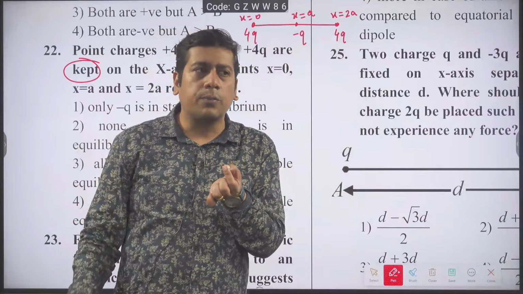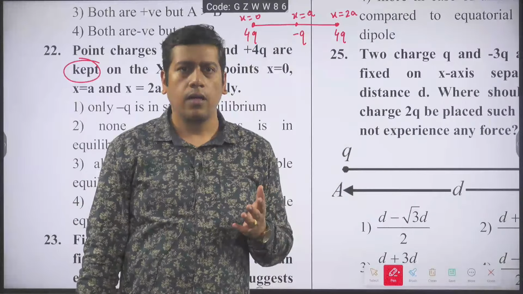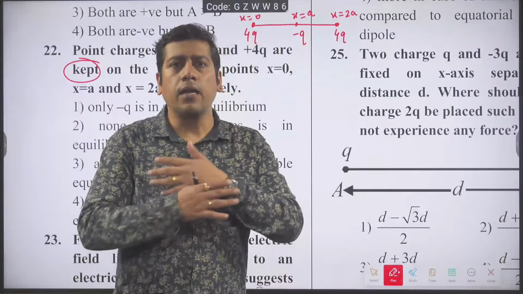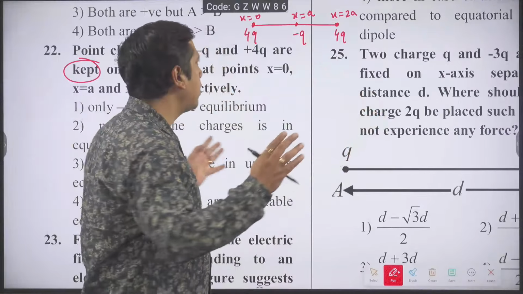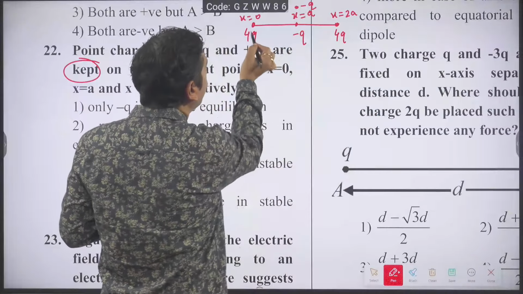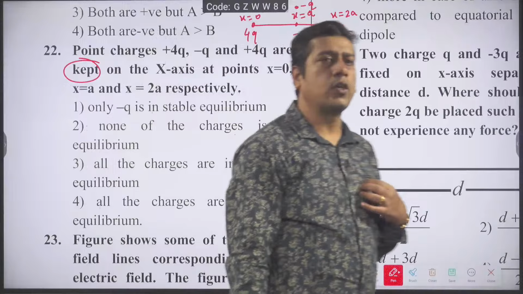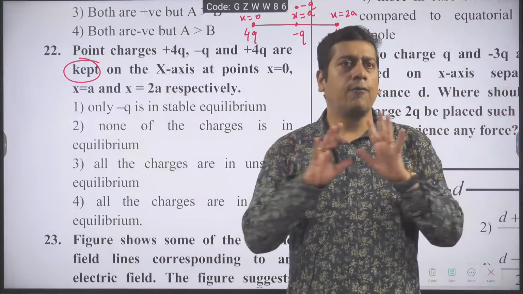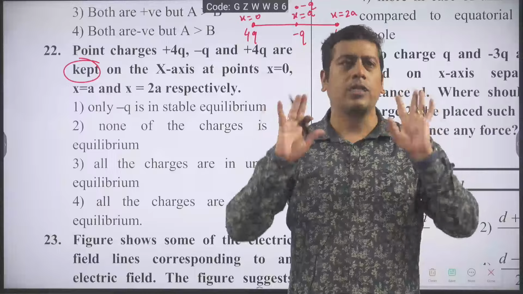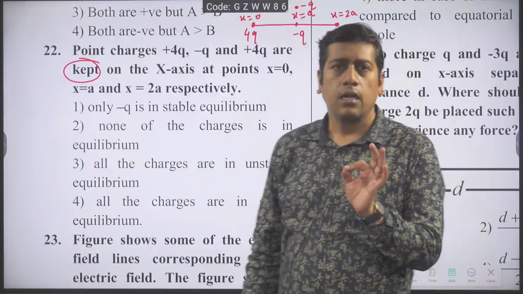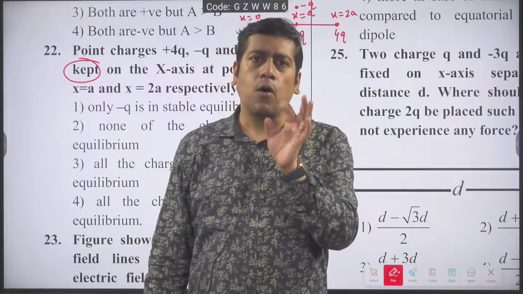But the moment you displace any one of them, what will happen? Then they will not be at the same place. Like if you displace minus q here, now net force on this 4q will not be 0. So they will get displaced and they will not come back to the same position again. So this position is there, but it is at equilibrium only at this instant.